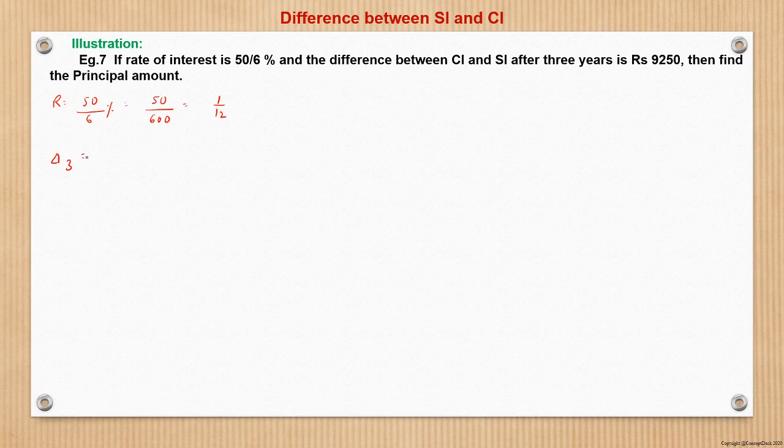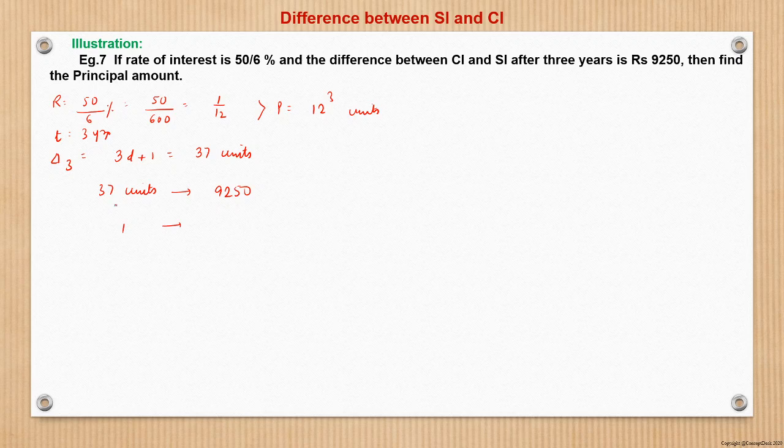So delta 3 we know is 3d plus 1, which is 12 3s are 36, 37 units. And 37 units denotes 9250. So we have to find the principal amount, right? And principal we can assume to be 12 cubed units, since the time is 3 years.